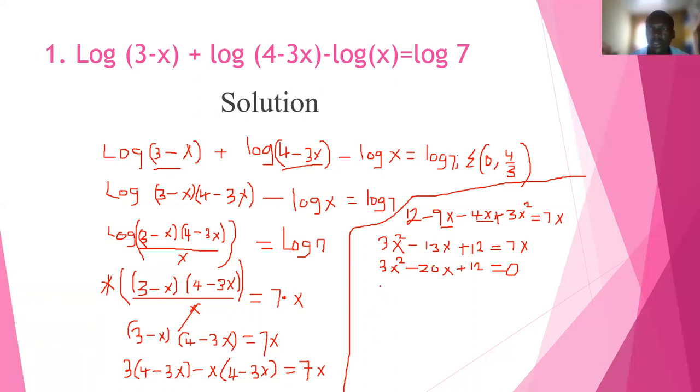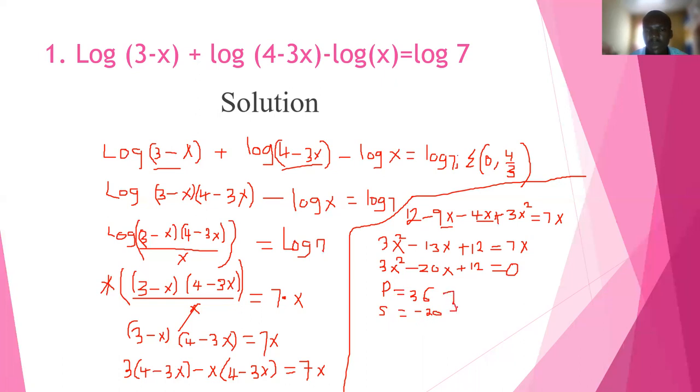Now we can use the factorization method to solve this. So the product is 3 times the 12, which is 36, and sum is -20. So we look for the two numbers. If we multiply those two numbers, we get 36, and if we add the same two numbers, we get -20.